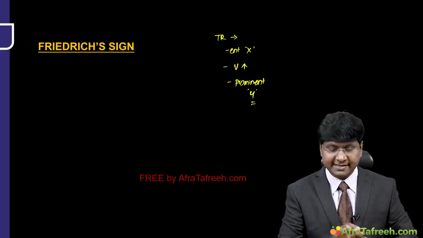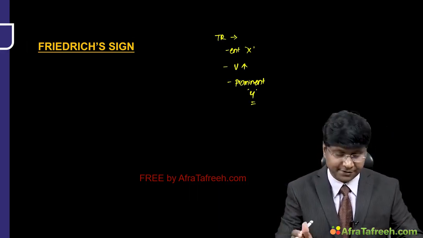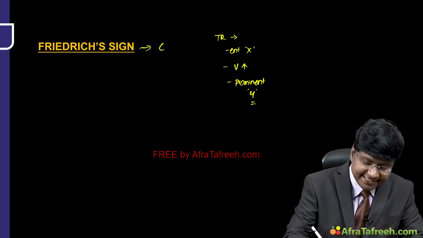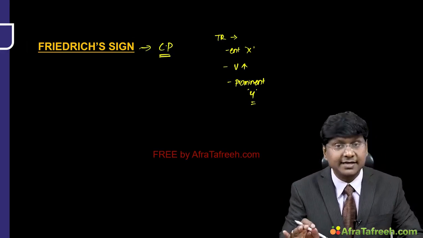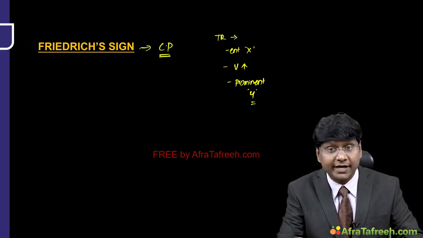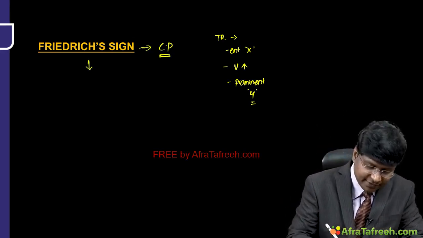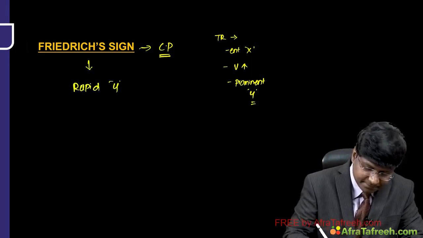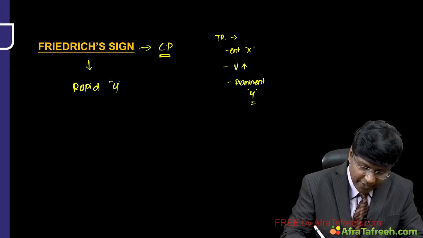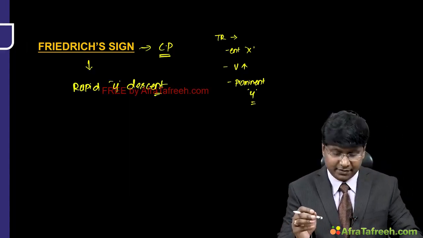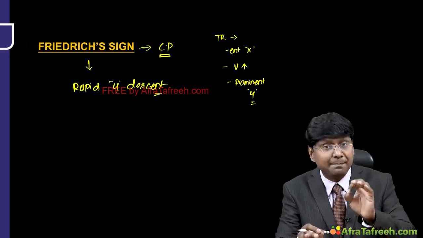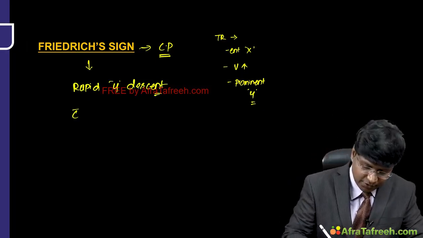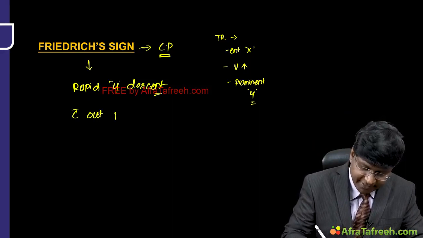That is what we have discussed in tricuspid regurgitation. Friedreich sign is the JVP sign in constrictive pericarditis, where we have rapid, sharp Y descent without prominent V wave.